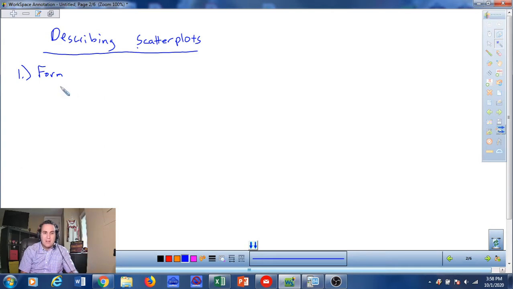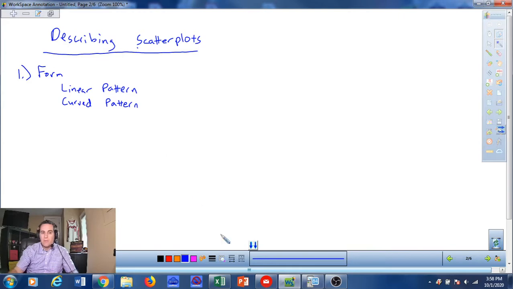Is it a linear pattern? Is it a curved pattern? Those are the 2 main patterns we're looking for in scatter plots. Is it linear or is it curved? In general, we know they're not going to all follow the same line.